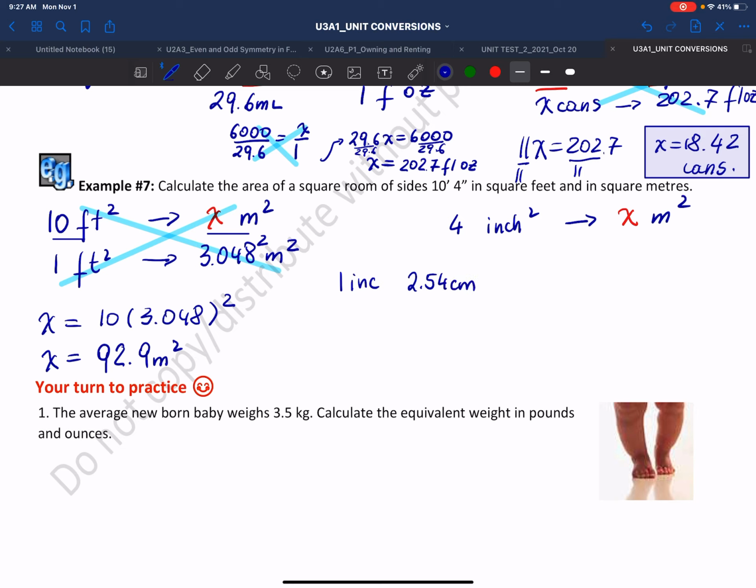Okay, and we're going to say that 1 inch must be 0.0254 meters. We got to move the decimal 2 units to the left because centimeters is smaller than meters. Centi, think century, it has 2 zeros, so we move the decimal 2 to the left. So what that means is that 1 inch squared converts to 0.0254 squared meters squared.